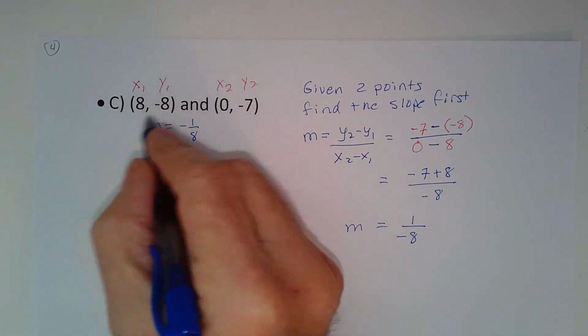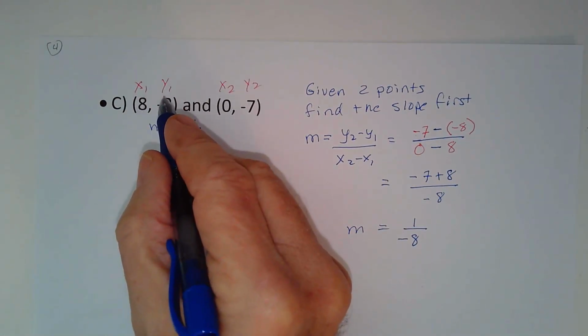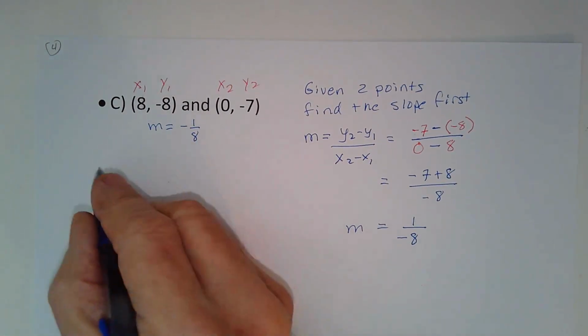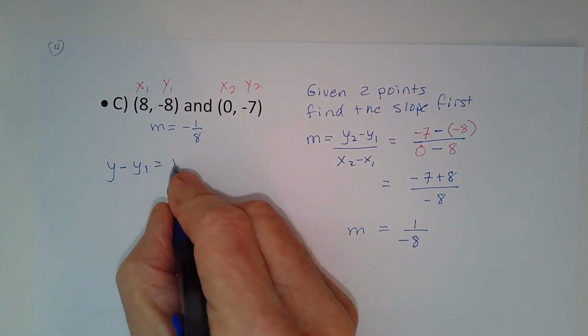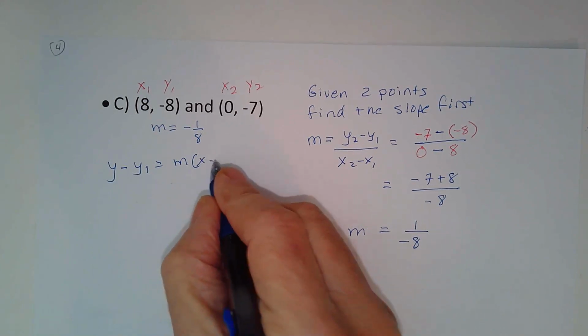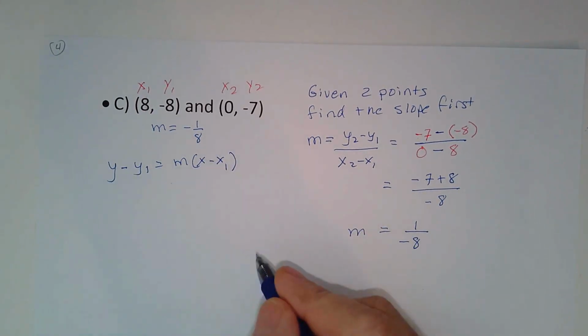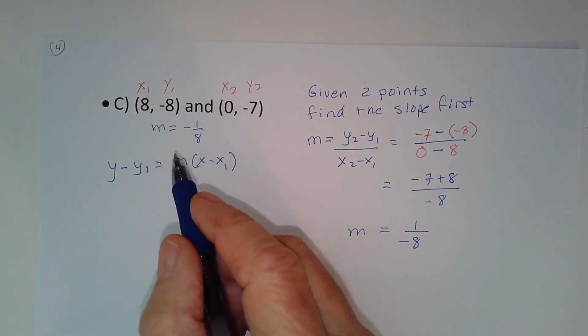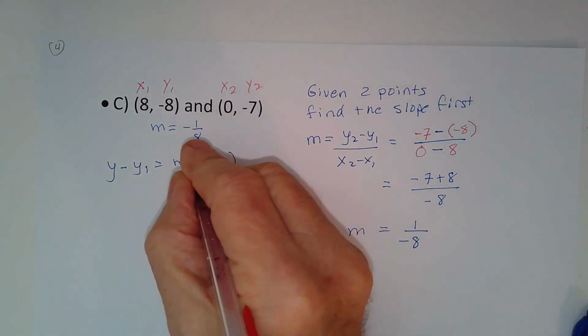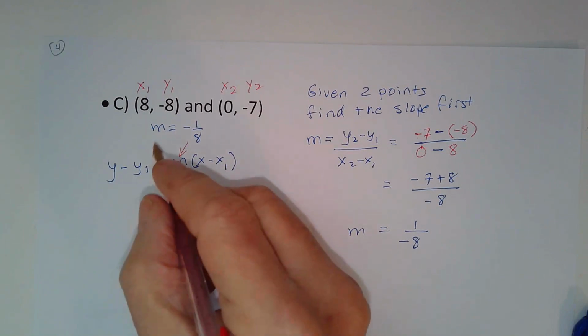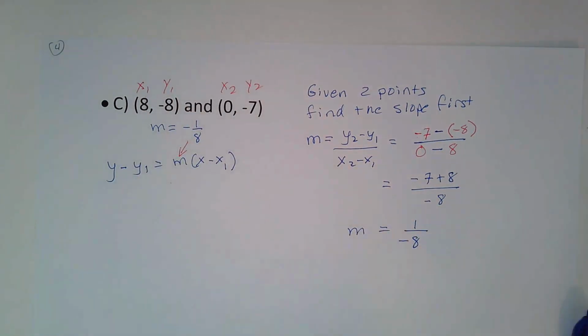Now I'm going to use this x1, y1 set of coordinates here for my formula. So y minus y1 equals m times x minus x1. And so here's my slope. And of course, these are the coordinates that are going to populate the x1 and the y1. So I'm going to write them out.